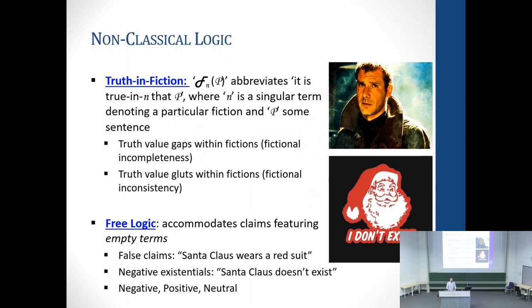Well, obviously he isn't, because he doesn't exist and there are no such things as replicants, at least not yet. So we can then reread it as it's true in the fiction that. So we introduce this weird operator where we have a place for the name of the fiction, we have a place for a sentence, and this is something like an according to operator.